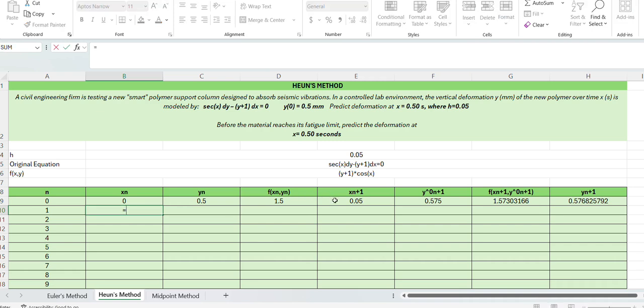To establish this new one, we equate this from E9, and this one from the new value of y.